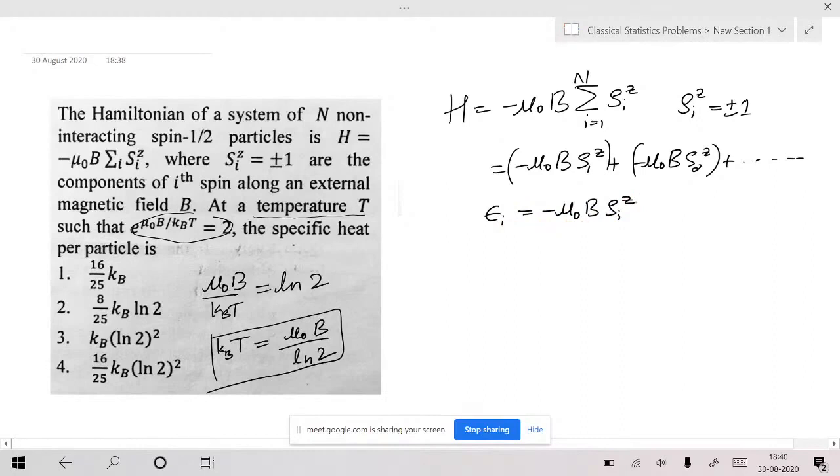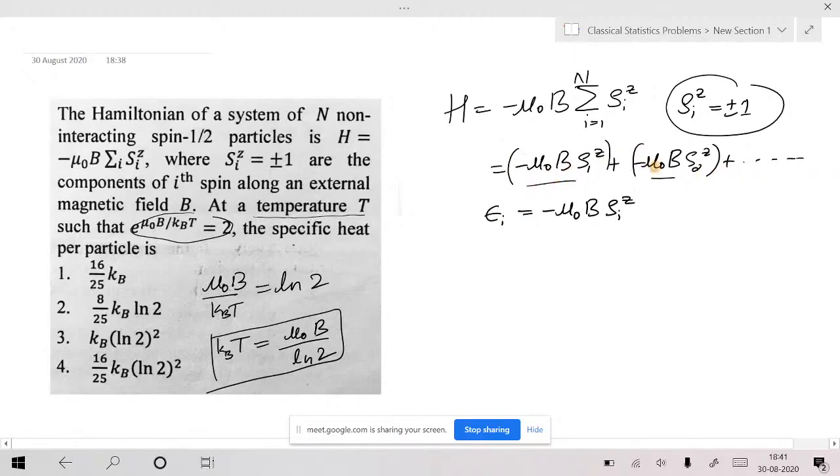Now look here. This has two possible energies: when you put S_i^z equal to plus or minus 1, E_i has two possible energies. I'm not going to write it as E_i, because all particles have the same energy levels, isn't it? This is the energy of the first particle, the energy of the second particle, and so on.